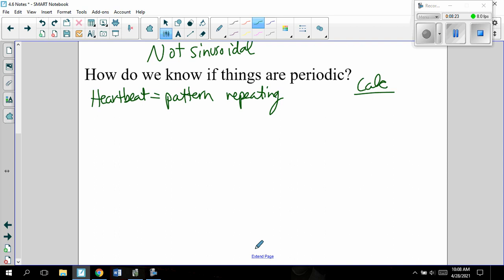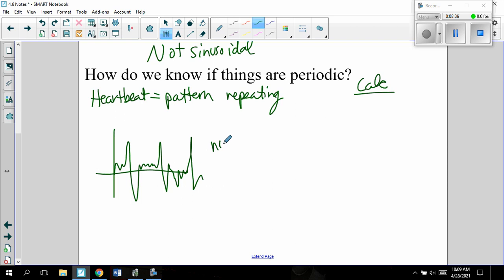So here are some pictures that are and are not periodic. Let's say there's some kind of irregular heartbeat and there's just randomness happening. This would be something that is not periodic, because we don't have a repeating perfect example.